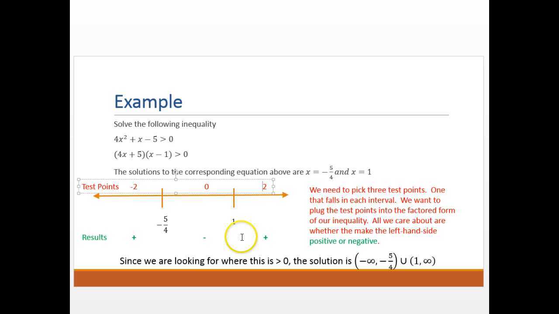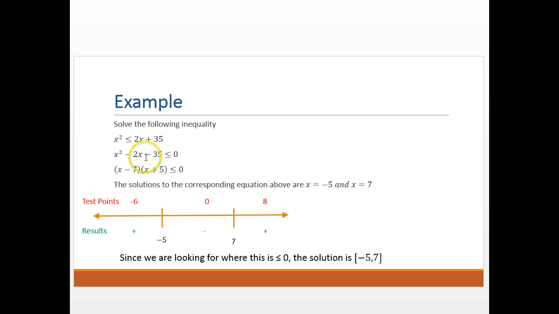A positive times a positive is a positive. My solution says everything greater than 0, so I care about the positive areas. So things that make this greater than 0 are the left interval and the right interval. So from negative infinity to negative 5/4, and from 1 to infinity. So my answer is negative infinity to negative 5/4 union 1 to infinity.